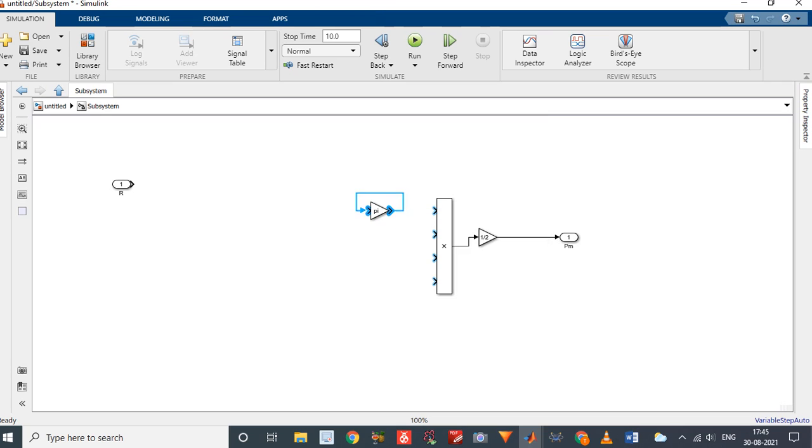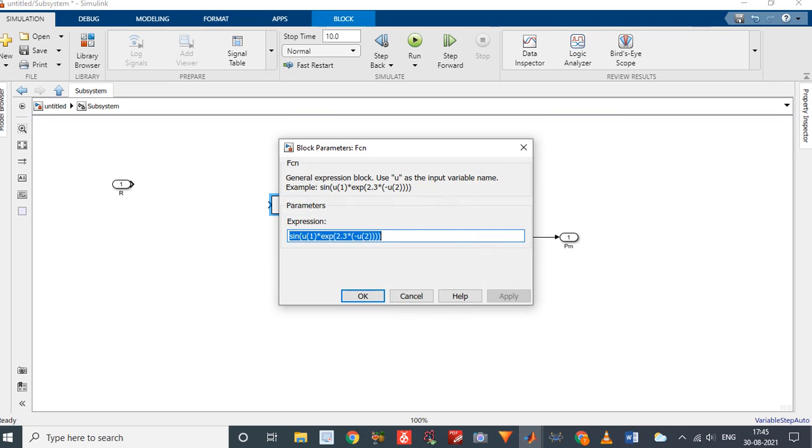For r square, I'm going to call a function, FCN. Inside the function, I'm going to write u. R is the input, I'm giving r as an input.